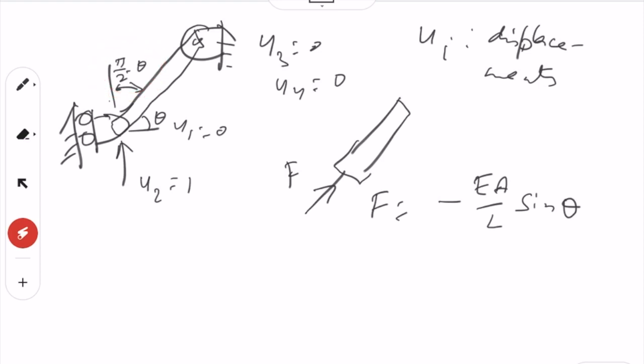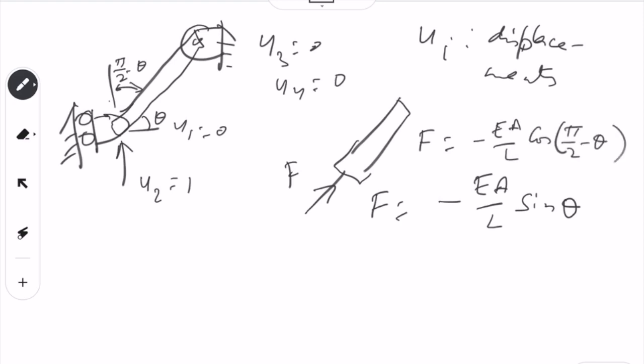So let's write it here: F will be EA over L cos of pi over 2 minus theta. Because of that you have the sin theta term, because earlier we moved this way and had theta here, now moving this way we have pi over 2 minus theta here, hence sin theta. Okay, so accordingly everything will change.